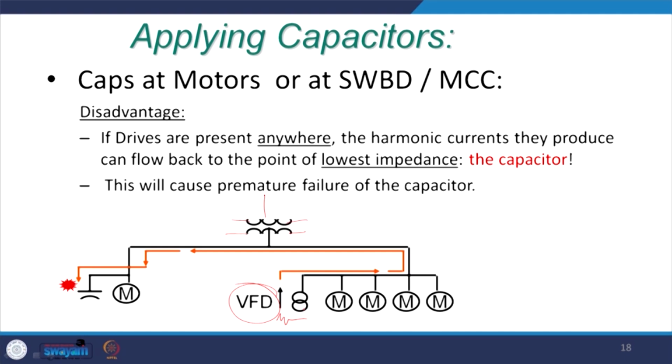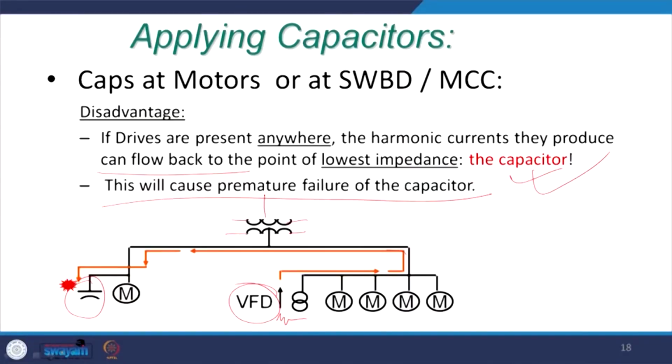And what happens, since it is a high frequency, the high frequency will find a path through the capacitor. So, with drives present anywhere, the harmonic current they produce can flow back to the point of low impedance, that means through the capacitor, and thus the capacitor will be unnecessarily overloaded with harmonic power, which may cause a premature failure of this capacitor.